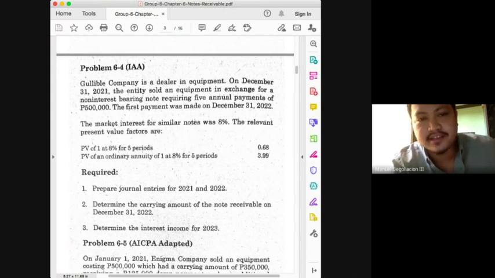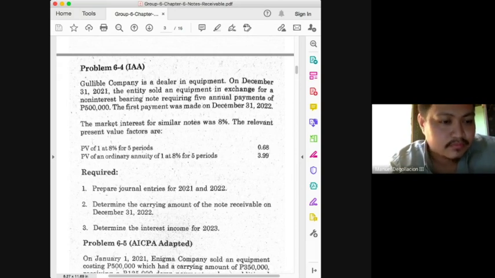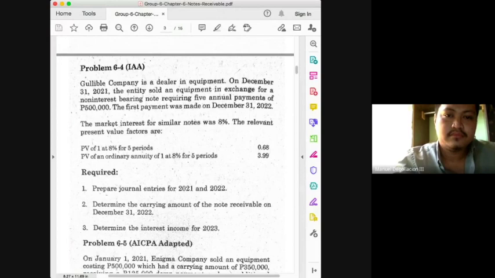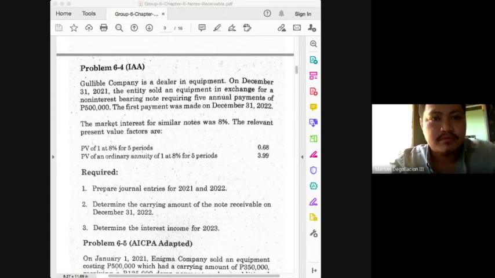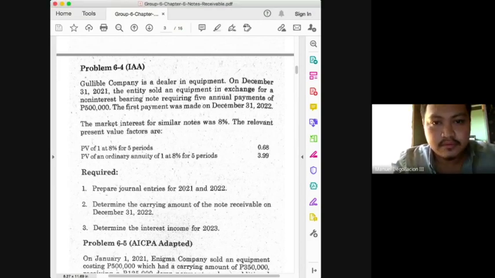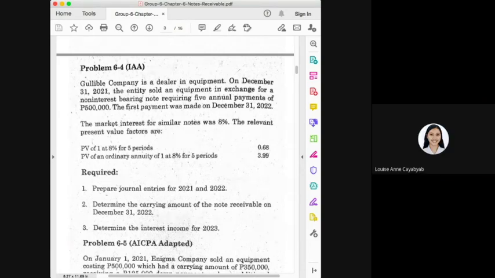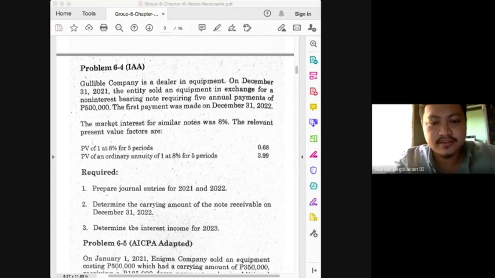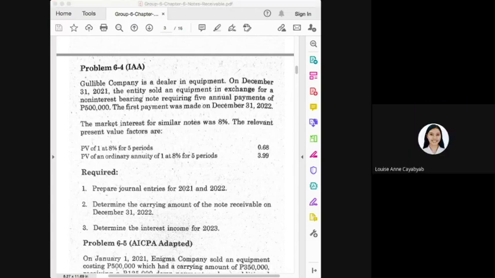How much will you get, class? 1,500,000 minus 213,032 is 1,286,968.